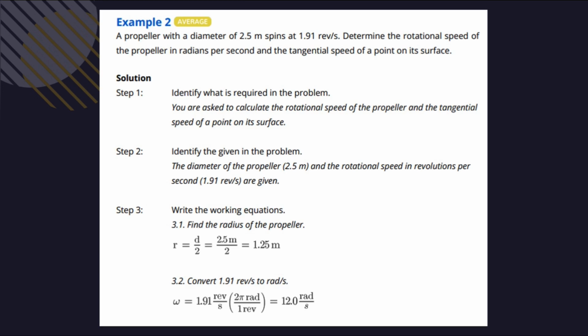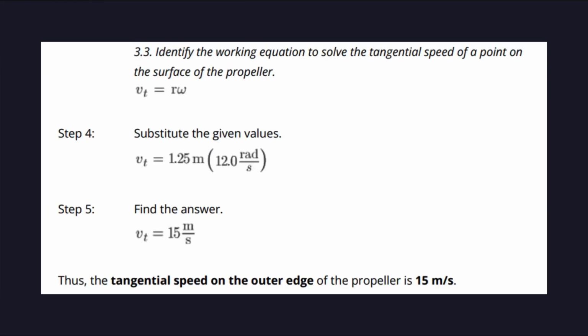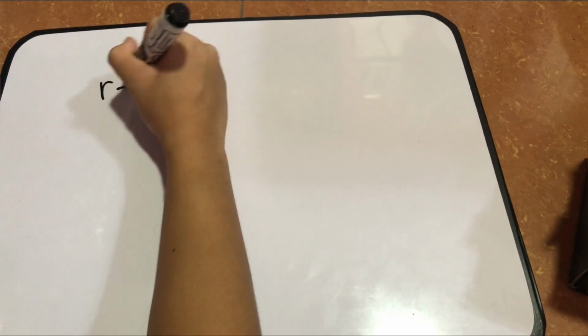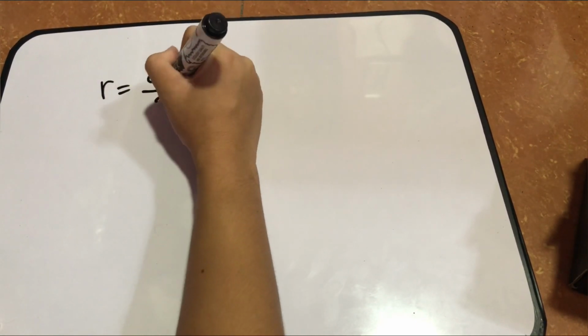Since what is given is the diameter and the revolutions per second, we need to convert the diameter to radius and the revolutions per second to radians per second. First, we convert the diameter to radius. The formula is R equals D over 2.